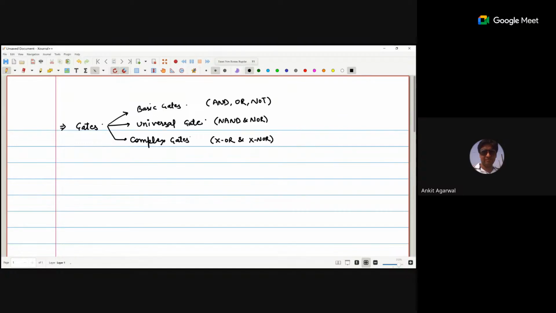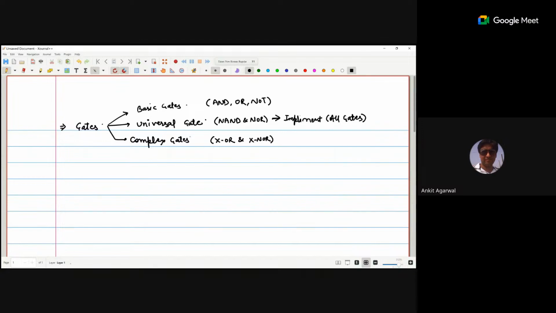Okay. Why do we call the universal gates NAND and NOR universal? We will discuss that later, when you go through the week 5 and week 6 content. But with the help of these NAND and NOR gates, you can implement all gates.